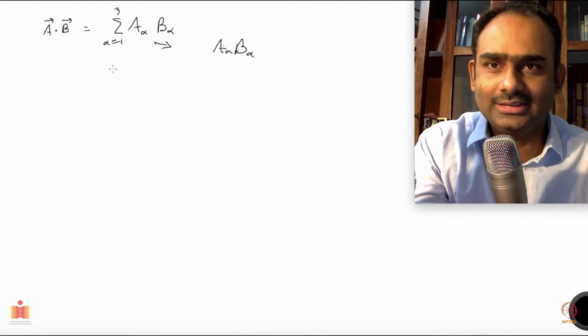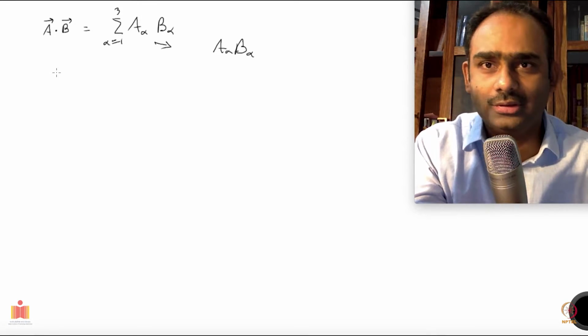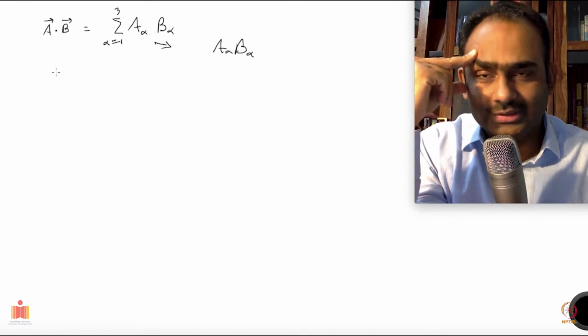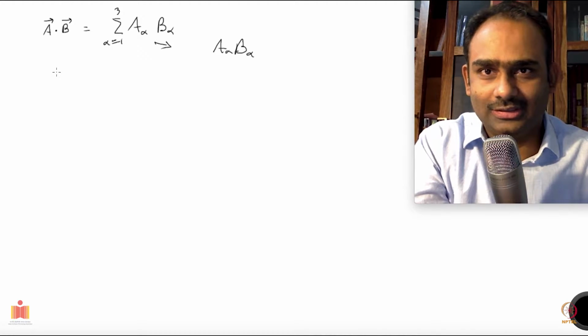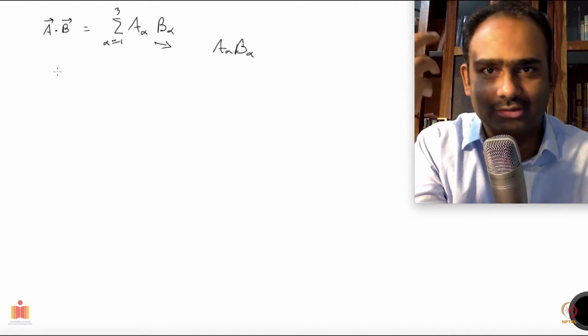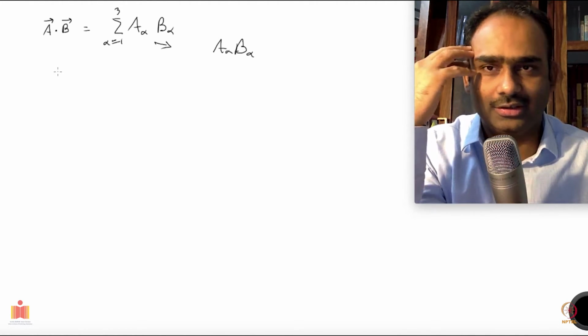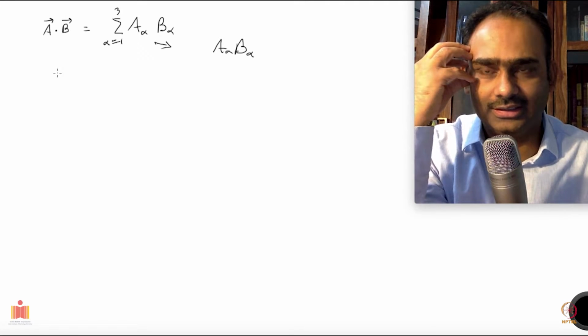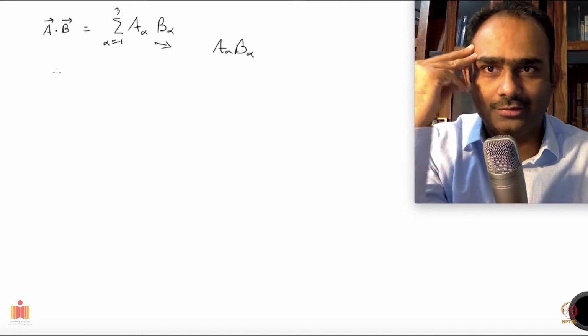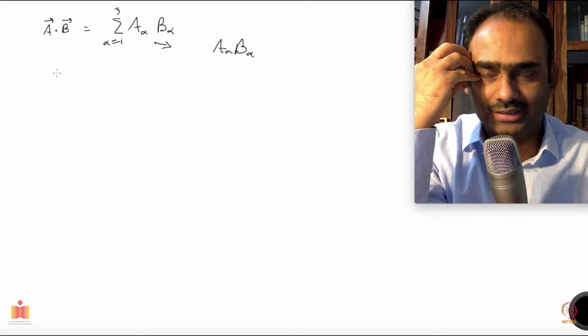Okay, and this is a very powerful thing, which is, from what I'm saying, it's not evident why it's so powerful. Right now, it just looks like a neater way of writing things. But this becomes very powerful when you are dealing with tensors.